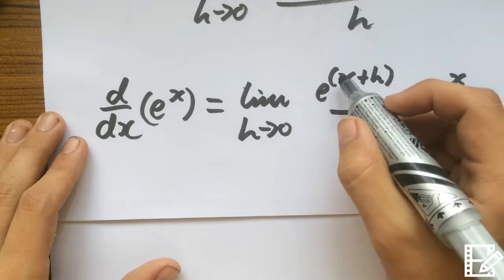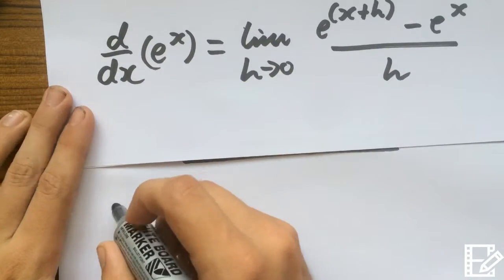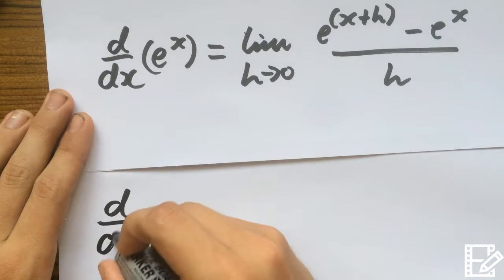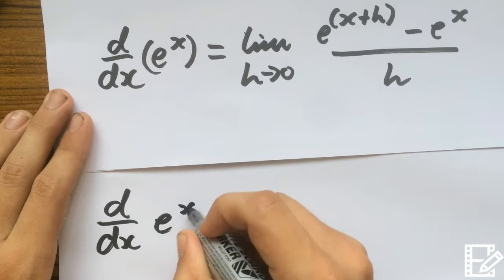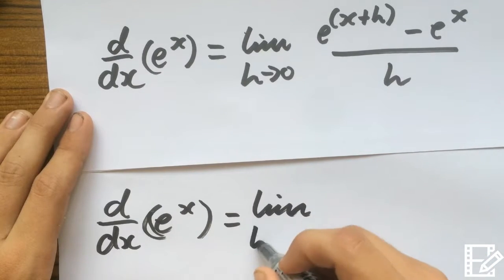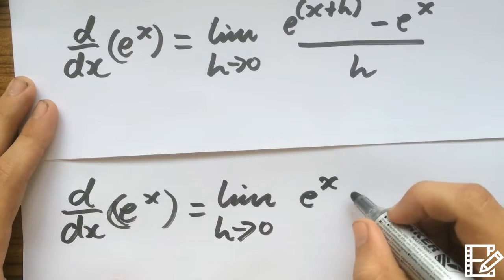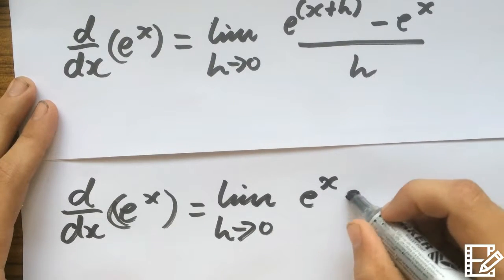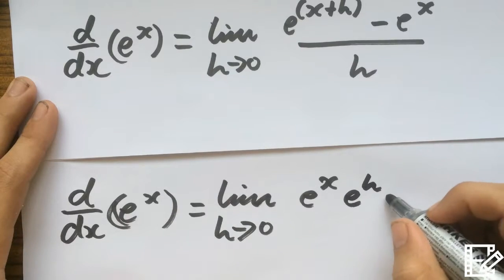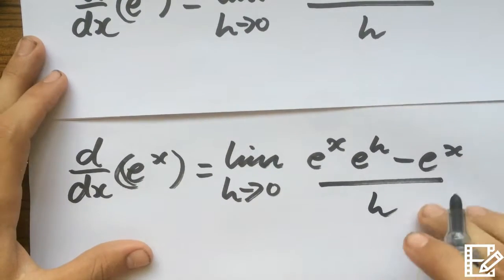We have an e to the power of x plus h, so we're going to split that up, and it's going to look like the derivative of e to the x, because limits, h approaches 0, e to the x multiplied by e to the h minus e to the x over h.